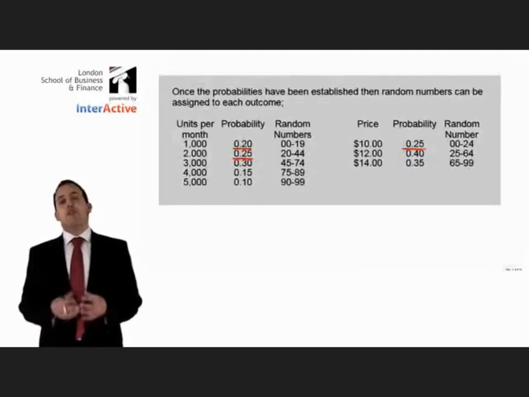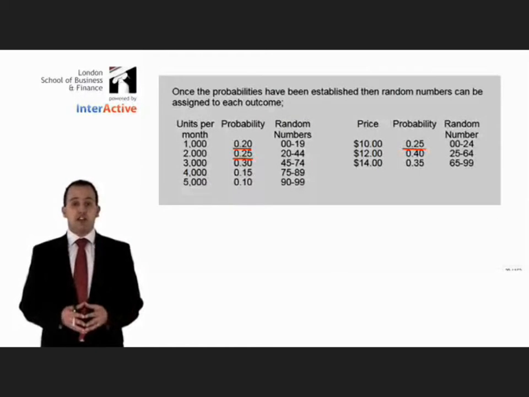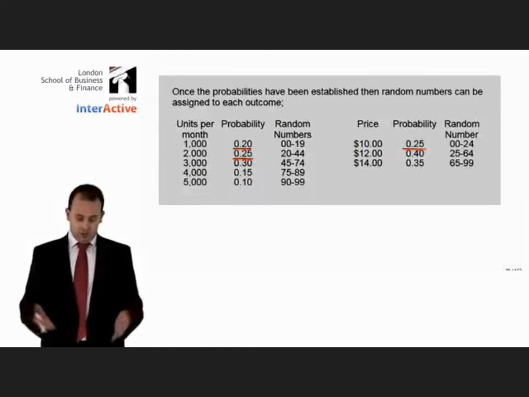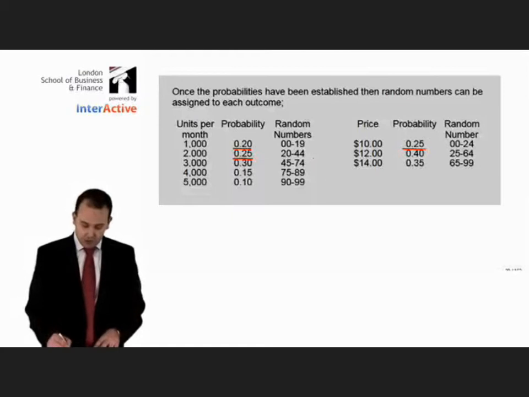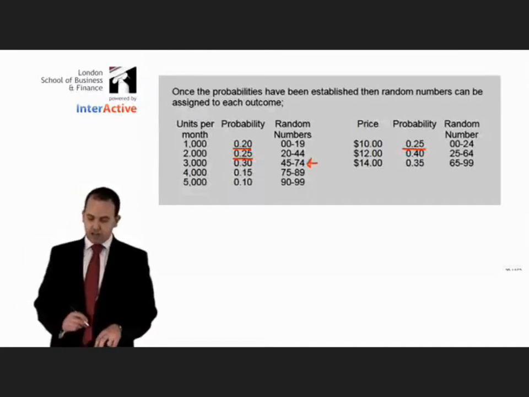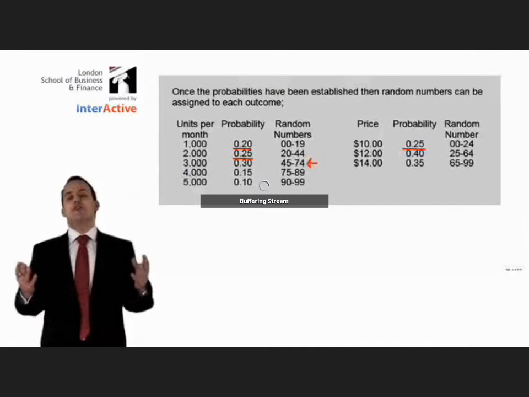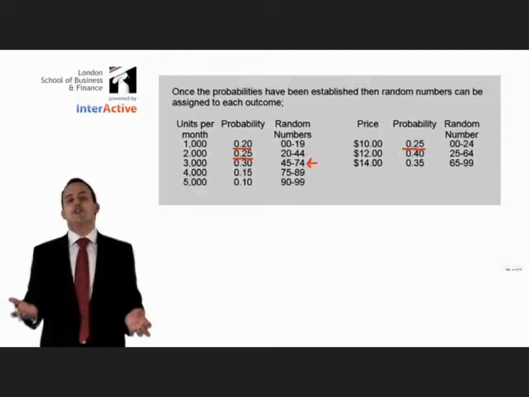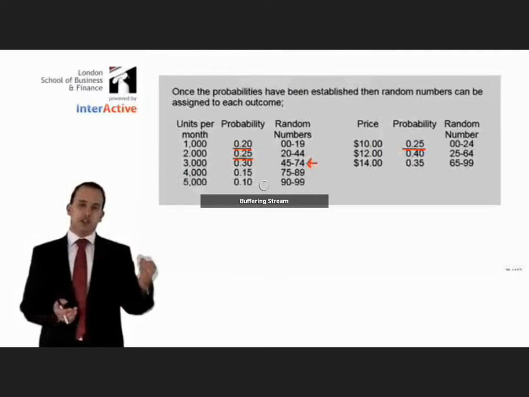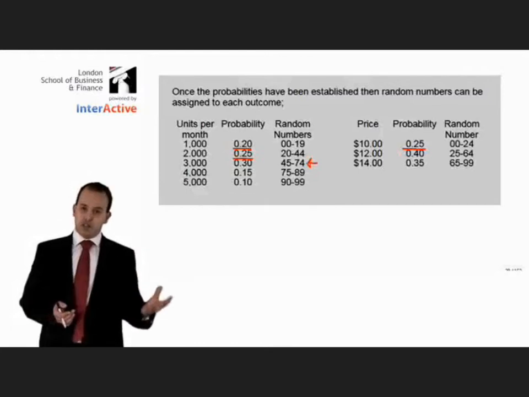For example, if we were looking at the sales units and generated random number 57, from the table that we've set up, number 57 falls into that category, and therefore for our first simulation we will take units 3000.